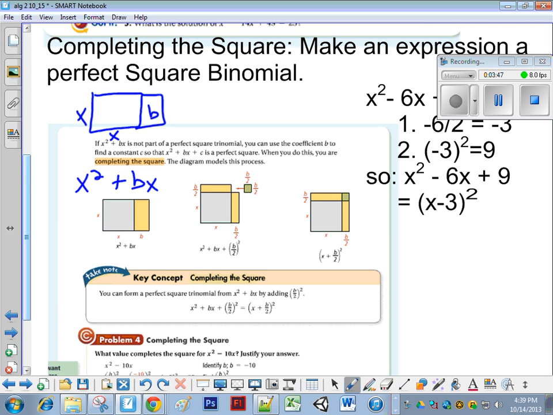Now if I want to make a full square out of it, what I've got to do is add a little piece up here. And I know that the edge of that was b. Okay? So I now have this little section here is going to be x plus b times x plus b in a way.